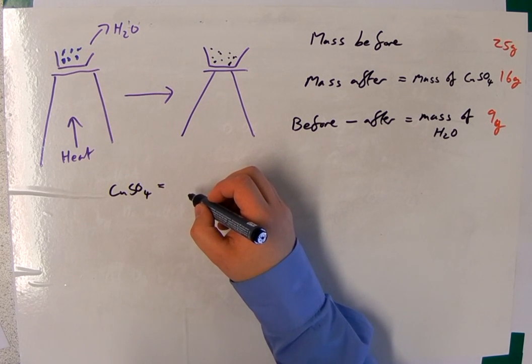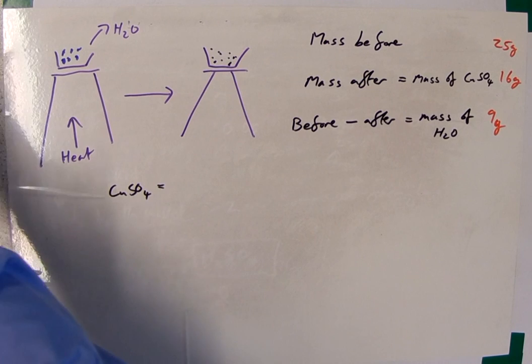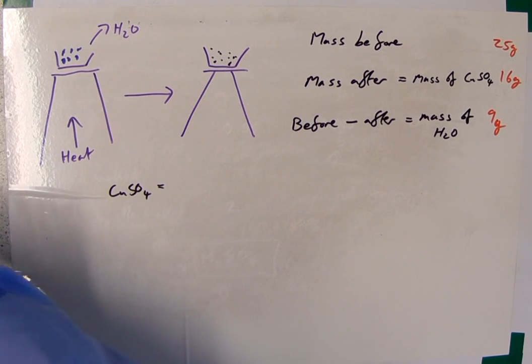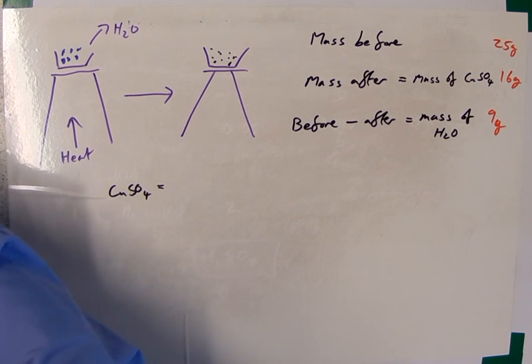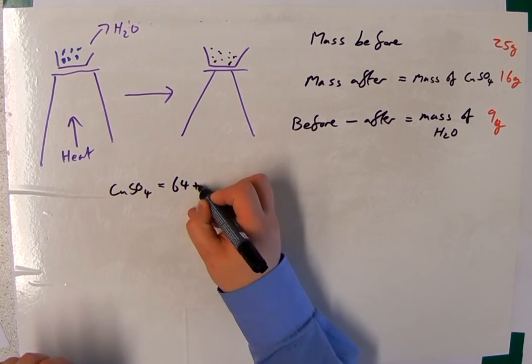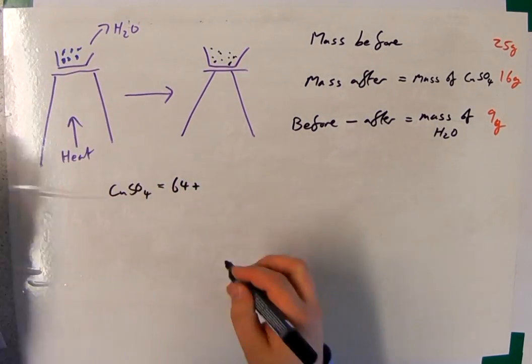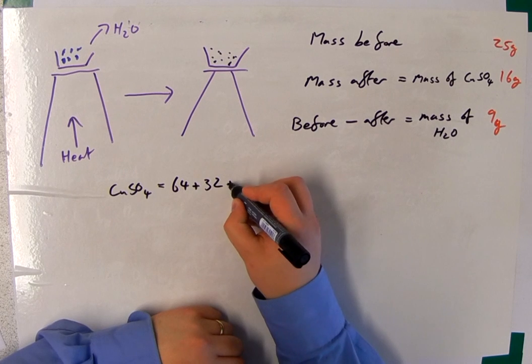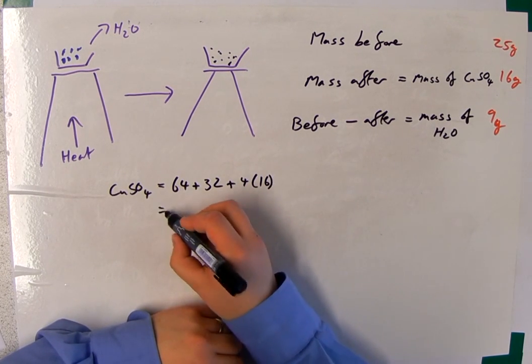Mr of copper sulfate is going to be mass of copper, which is 64, plus sulfur, which is 32, plus 4 oxygens, 16.